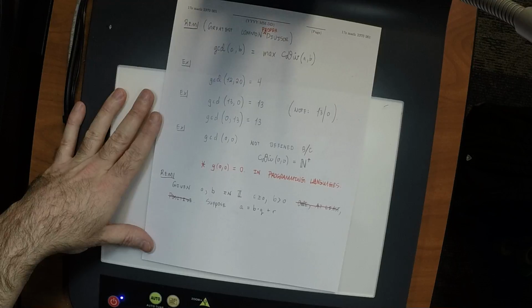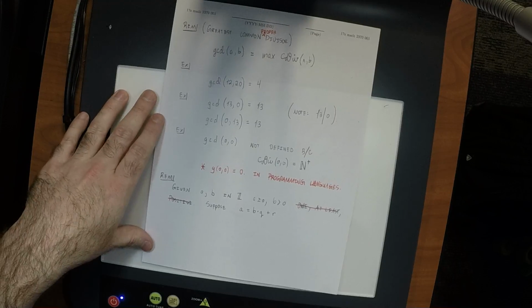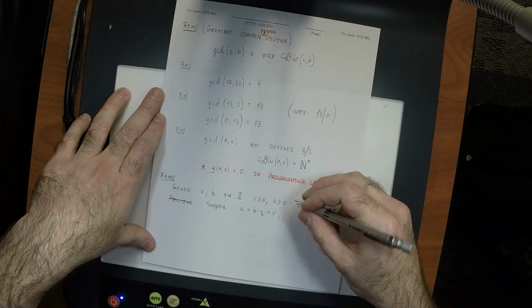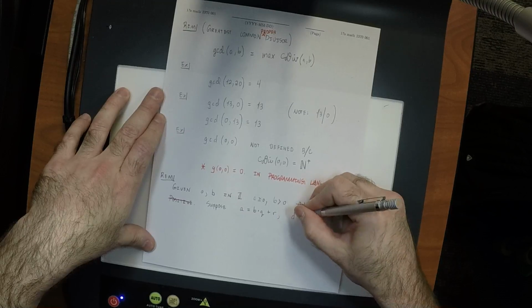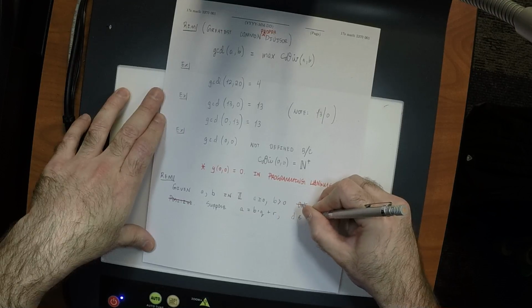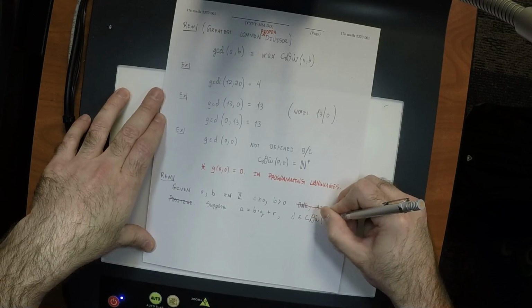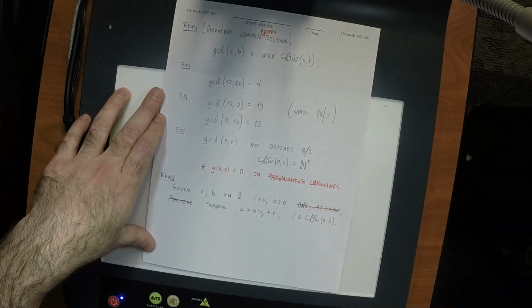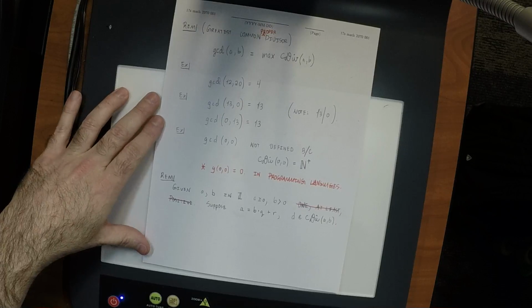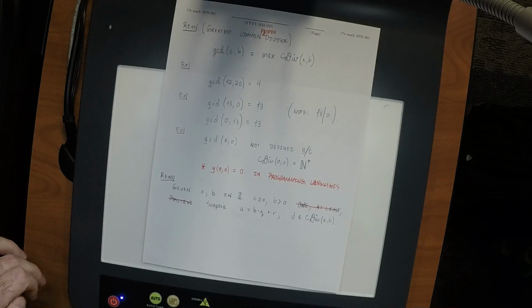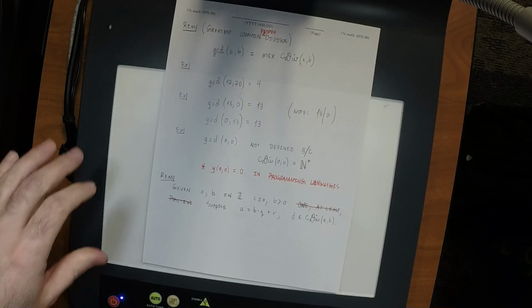So we have Q and R. And suppose that D is in the common divisors of A and B. So that means that D divides A and D divides B, so it divides both of them. Okay?